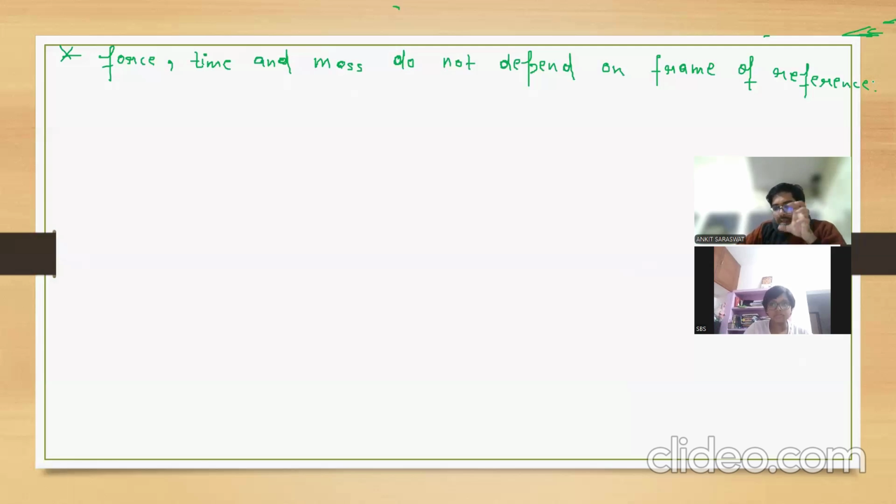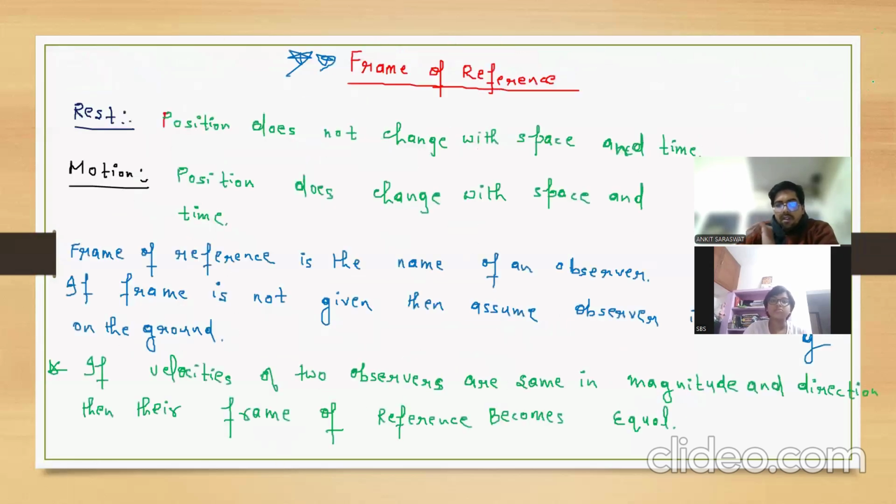So frame simply means a location where the observer is standing, or you can say it is the name of an observer. If nothing is given, always take ground. Third, if the velocity of two observers is the same, then we can say their frame is equal.